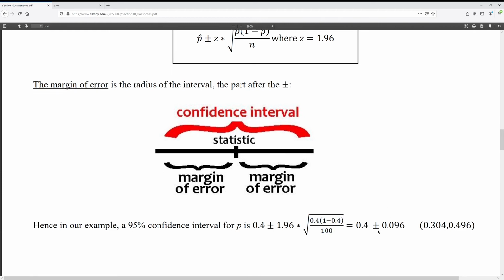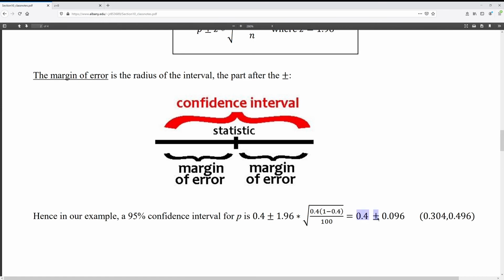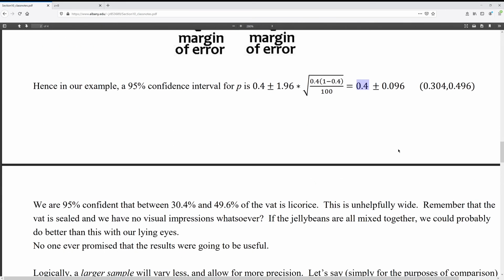So what are the various ways we can say this? We are 95% confident that the proportion of licorice in the vat is 0.4 with a margin of error of 0.096.